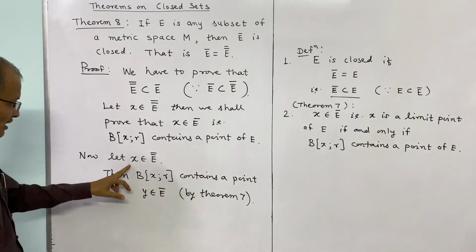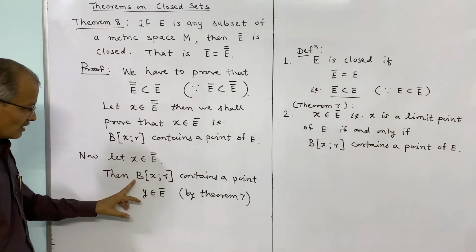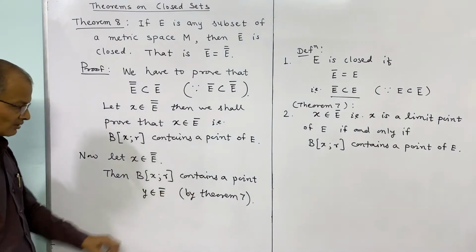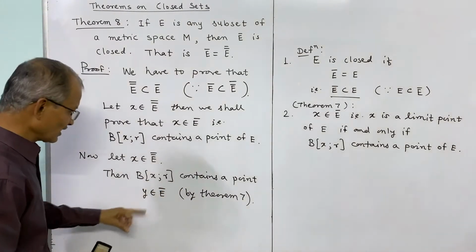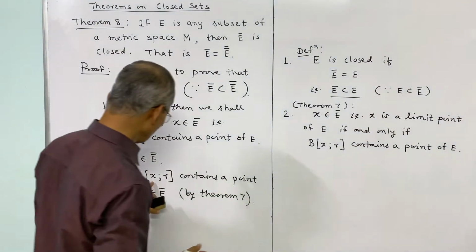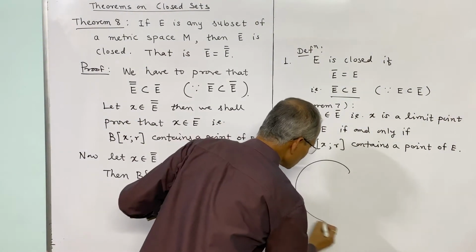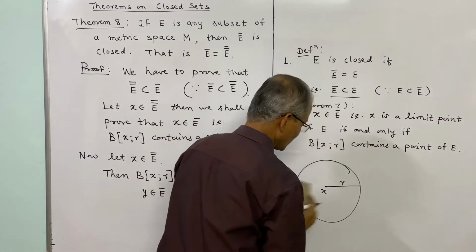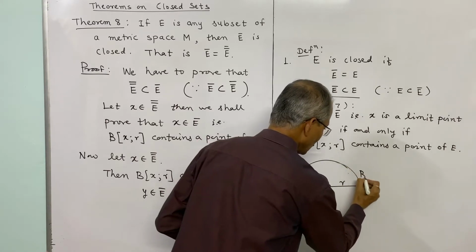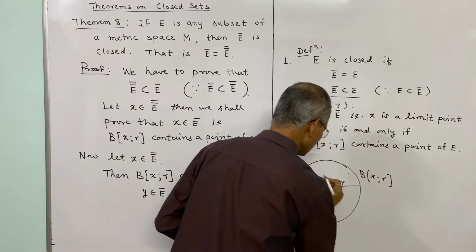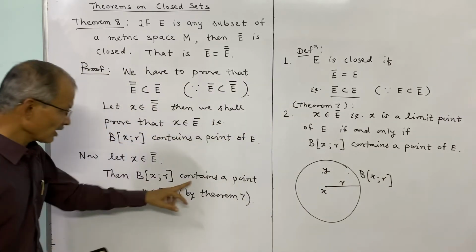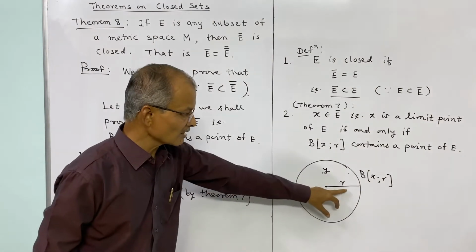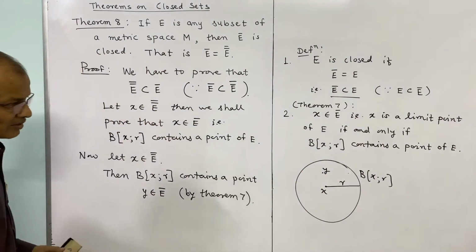And thus X belongs to this double closure means the open ball B(X, R) contains a point Y belonging to E bar. What this shows is that this point is in this open ball, the open ball of center X and radius R. This is B(X, R). And this open ball contains a point Y. And therefore the distance between X and Y is certainly less than R. Then only the point will be in the open ball.